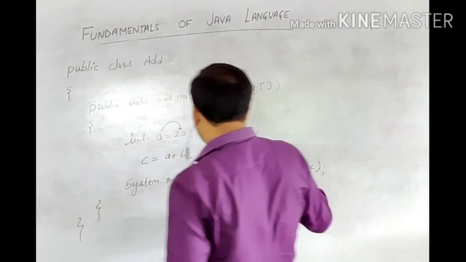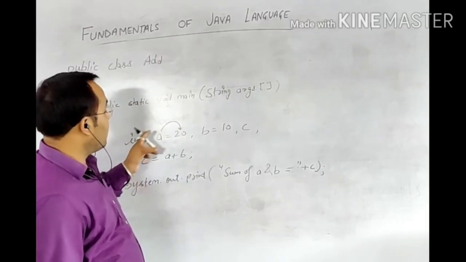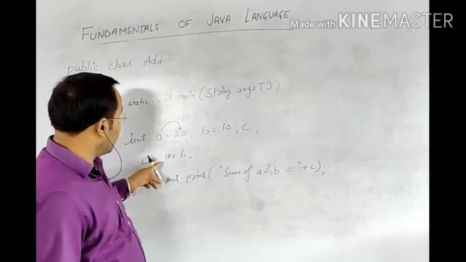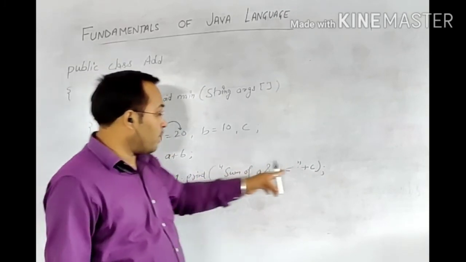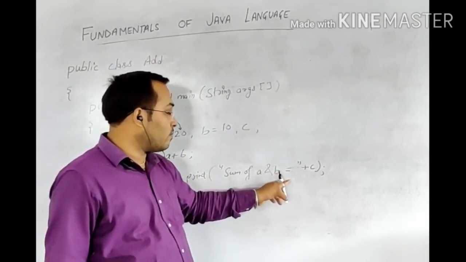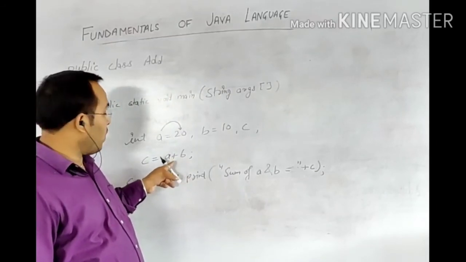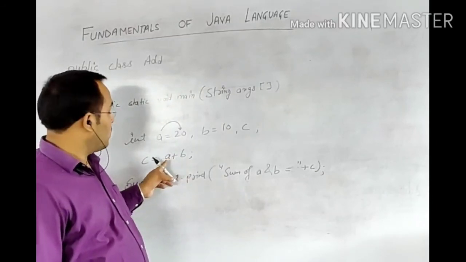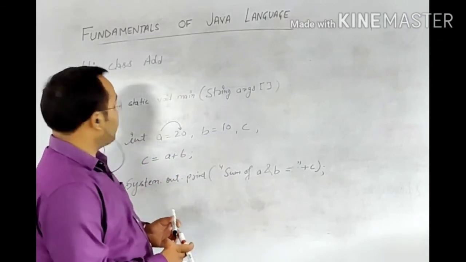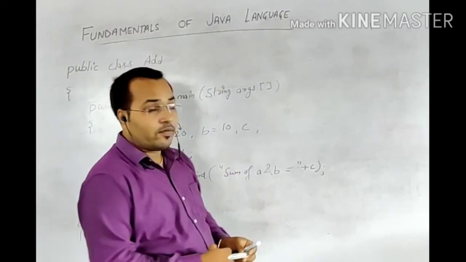Because here you are not going to print the result directly. You have to take the result from here. So that's why the plus sign is used after this statement. Whatever addition is performed over here, it will give you the result over here. Okay. So this is the full explanation of the fundamentals of the language.